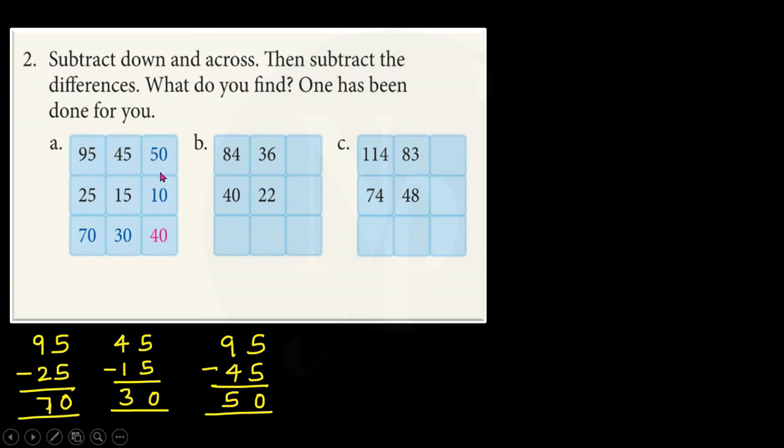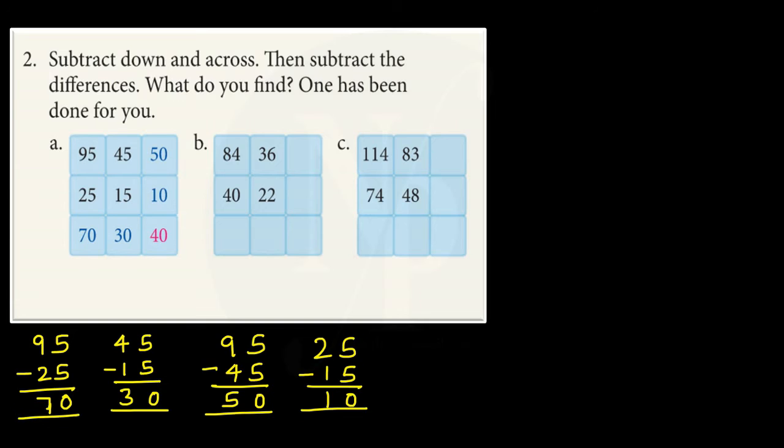So 50 is written here. And we have to subtract now 15 from 25. That is 25 minus 15. 5 minus 5 is 0. 2 minus 1 is 1. 10. See, 10 is filled in this box.